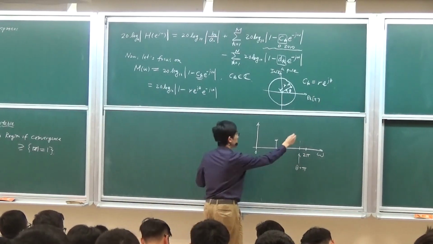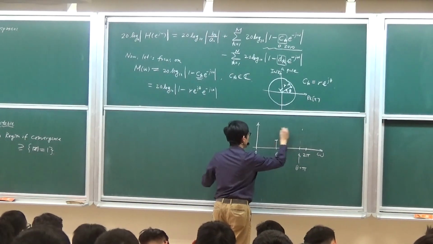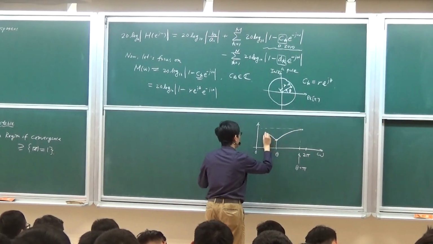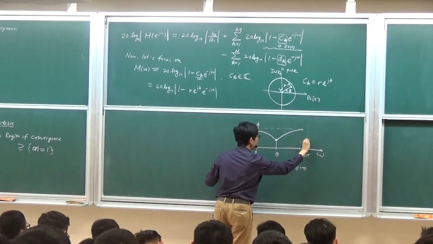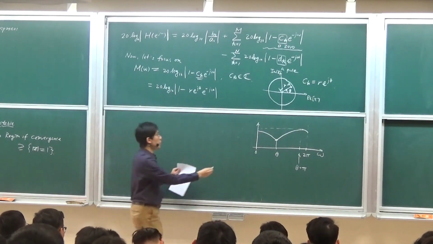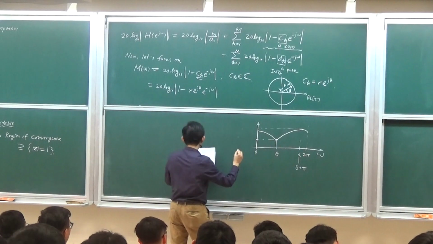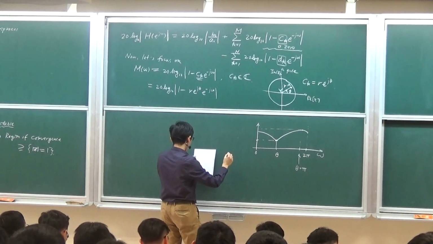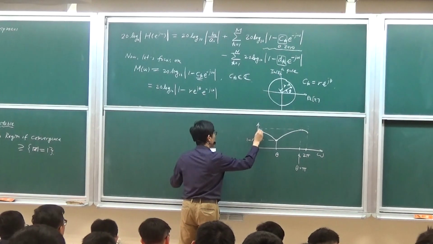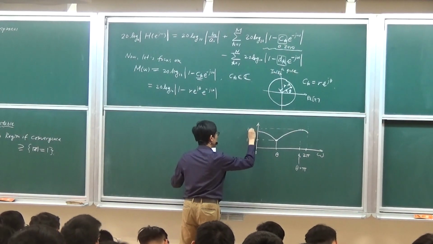Okay? That's fairly simple. Maximum somewhere, minimum somewhere, and we may just draw a sketch. So that's the magnitude response. If I remember correctly, the minimum is 1 minus r, and the maximum is 1 plus r.